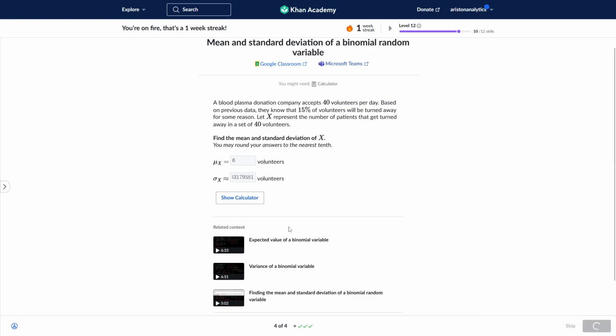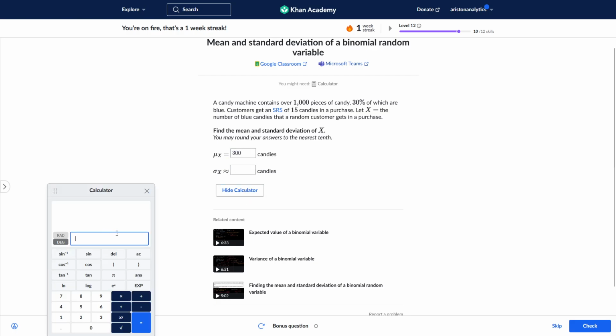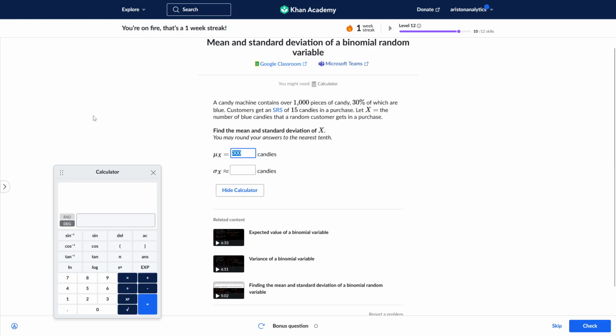Bonus question. Oh, in a purchase. Okay. So it's actually just 15. So they would get 4.5.